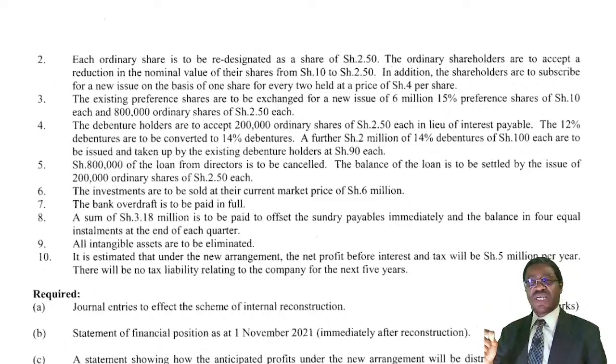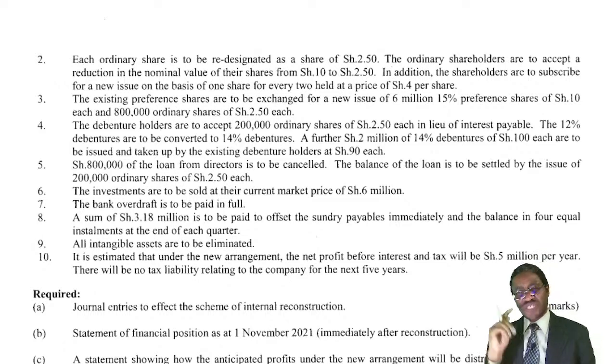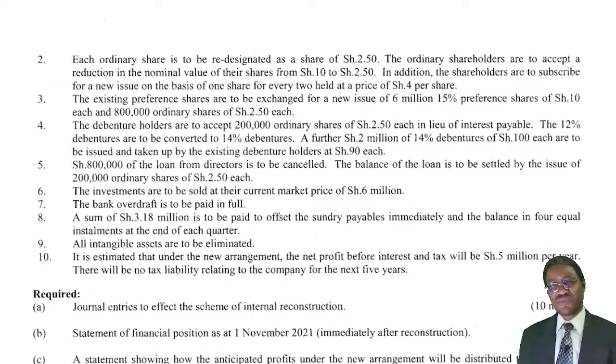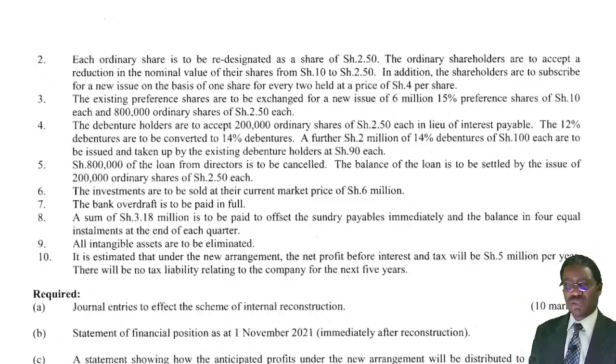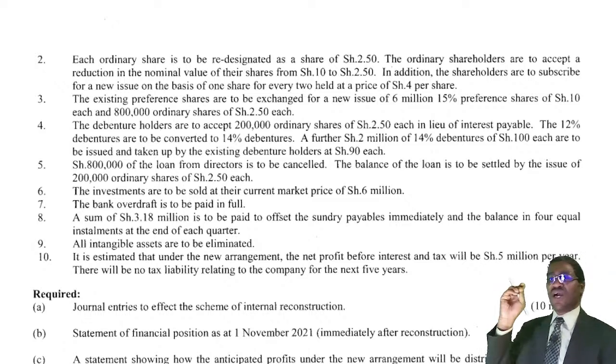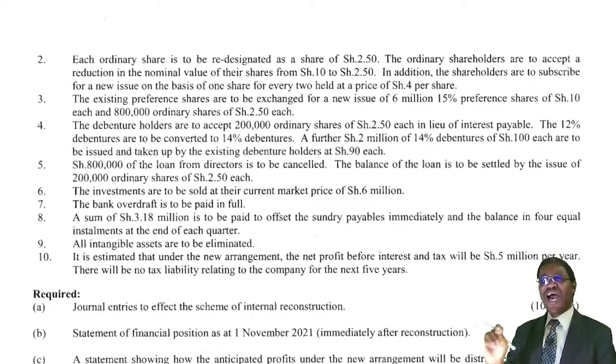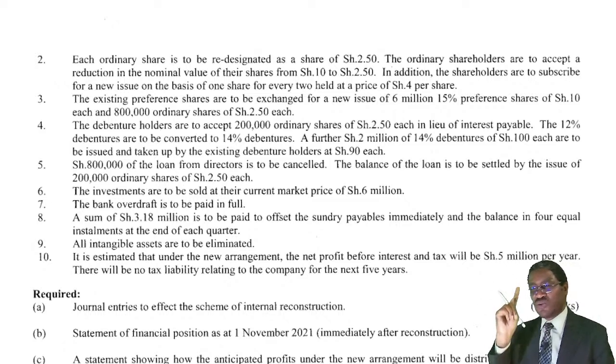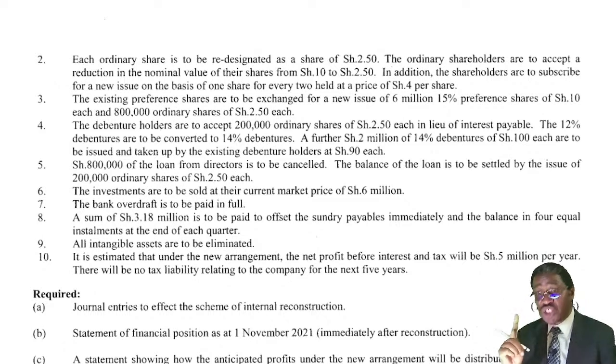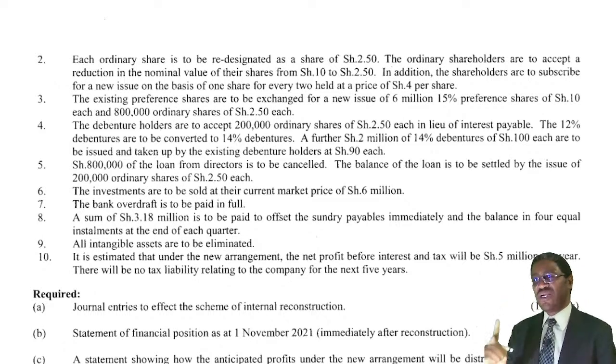The ordinary shares are to accept a reduction in the nominal value of their shares from 10 to 2.5. In addition, the shareholders are to subscribe for a new issue on the basis of 1 share for every 2 held at a price of 4 per share.